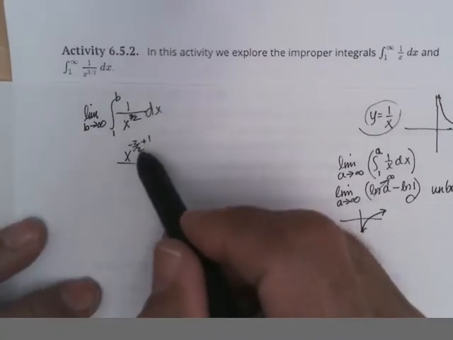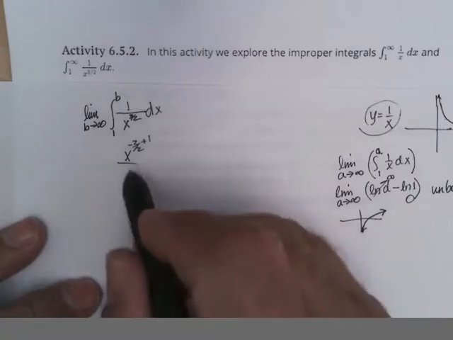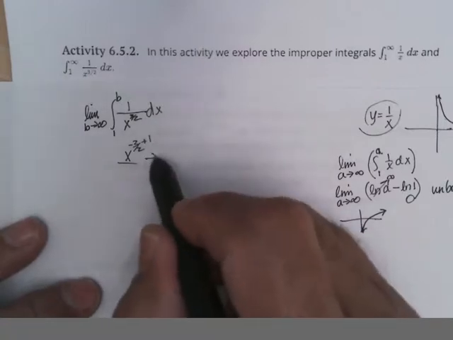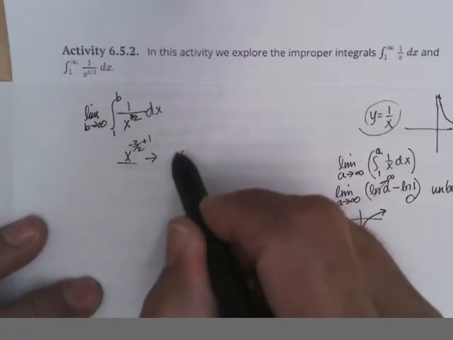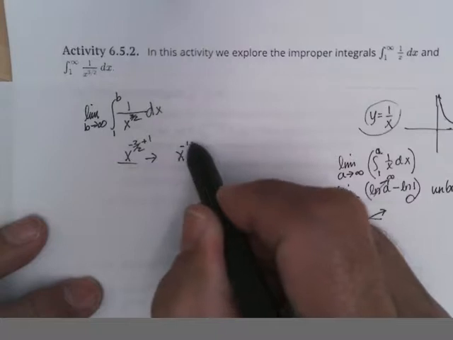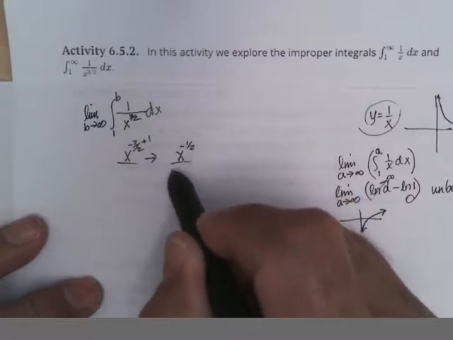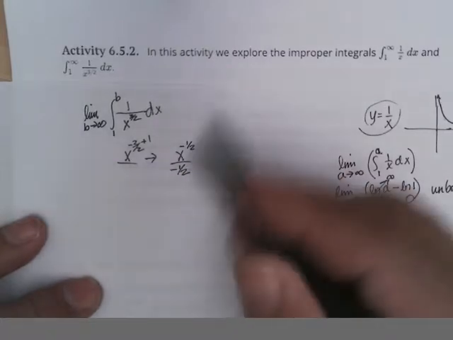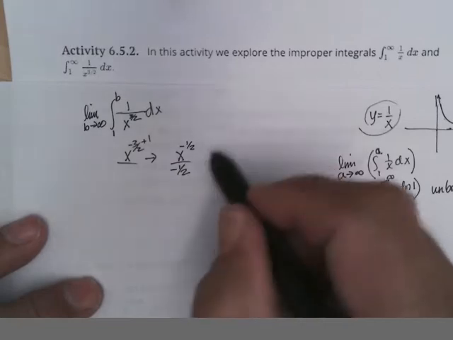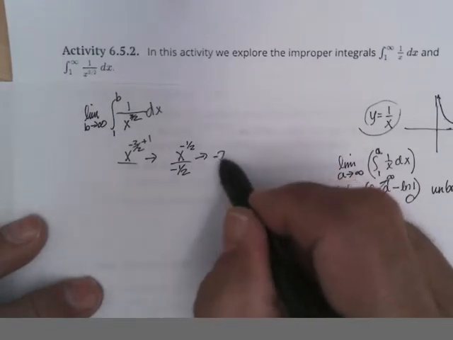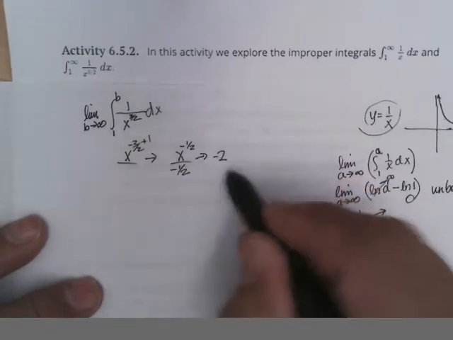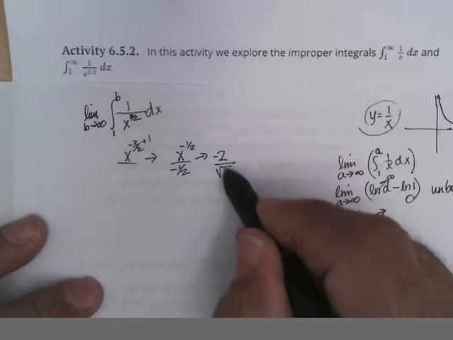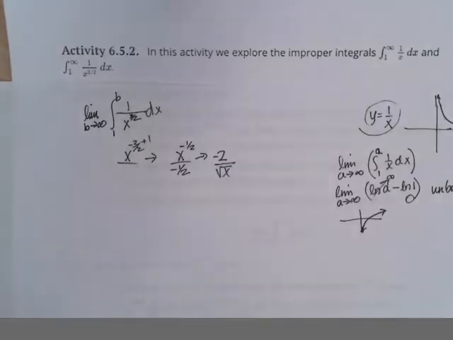So adding 1 to negative 3/2 is negative 1/2. So the antiderivative would be x to the negative 1/2 divided by negative 1/2. That turns into negative 2, and this is the square root of x in the denominator.